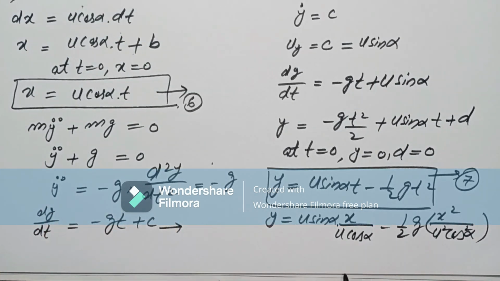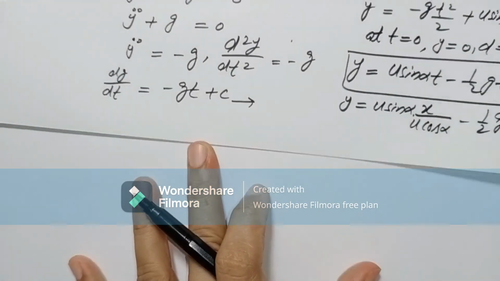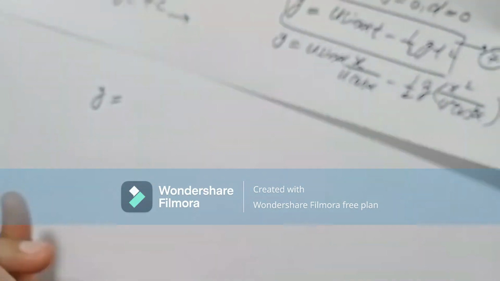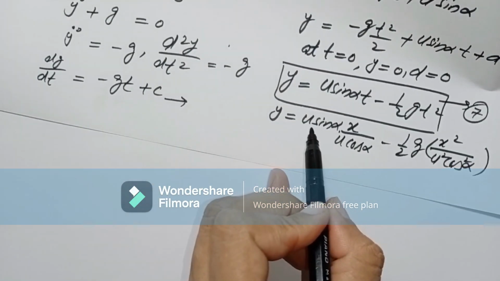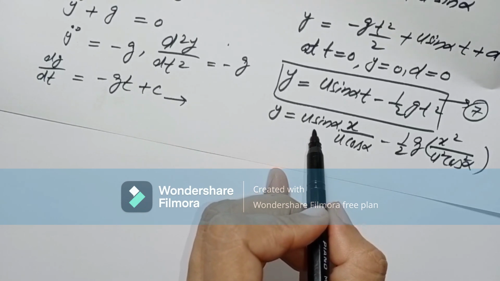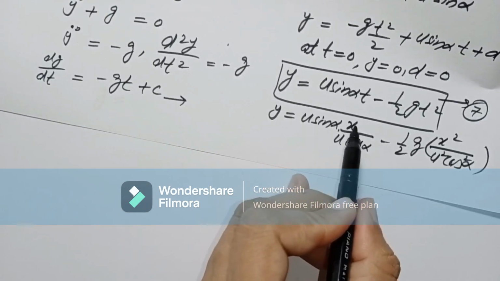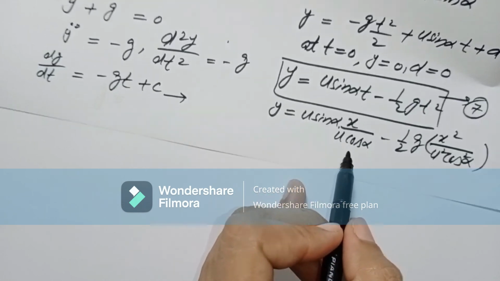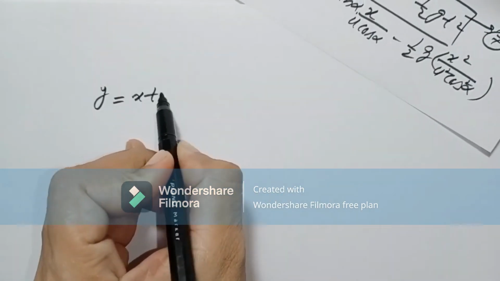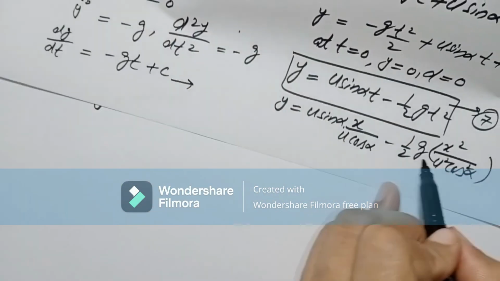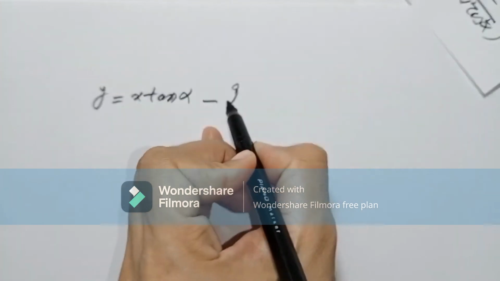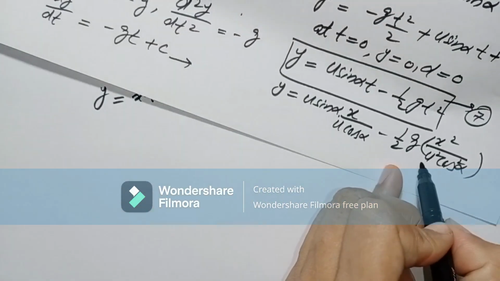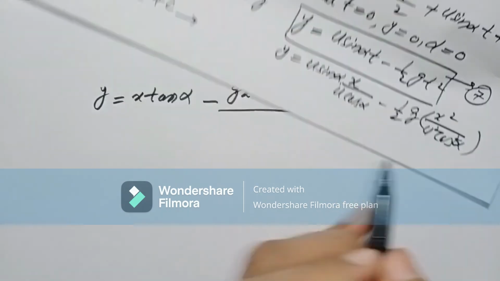So we can combine these terms. Sine alpha over cos alpha will be tangent alpha. After combining, u will be cancelled out, and y will equal x tangent alpha minus g x square over 2u square cos square alpha.